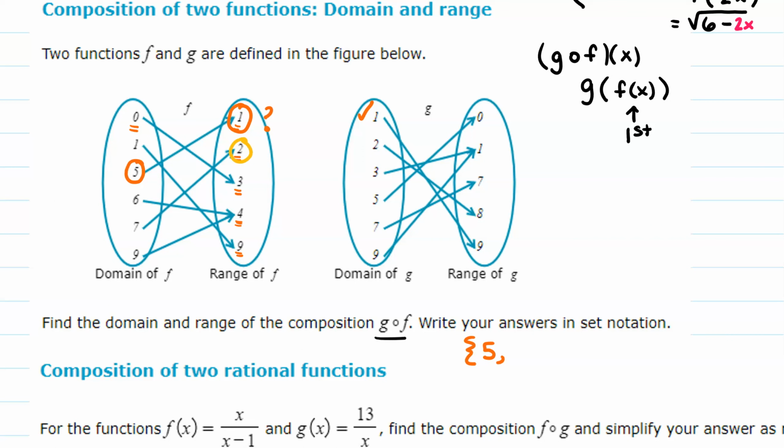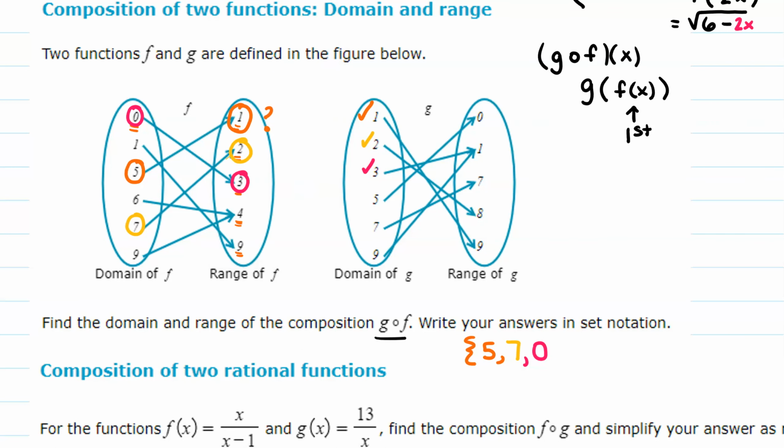Is 2 allowed as an input for g? Yes. So 2 came from 7, so 7 is part of the domain of the composition. All right, let's look at 3. Is 3 allowed in the domain of g? Yes. So 3 came from 0, so 0 is part of the domain of the composition.